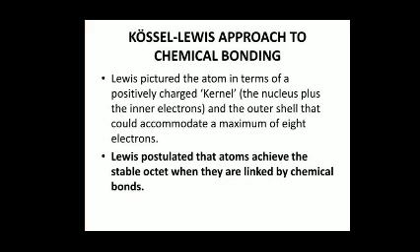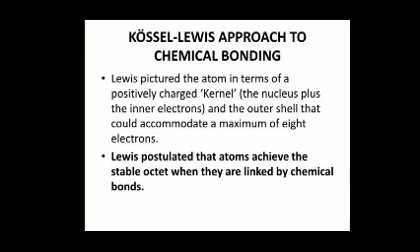Lewis pictured the atom in terms of a positively charged kernel, the nucleus plus the inner electrons, and the outer shell that could accommodate a maximum of 8 electrons.